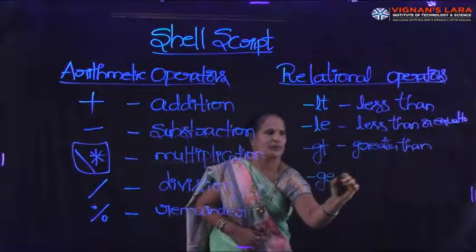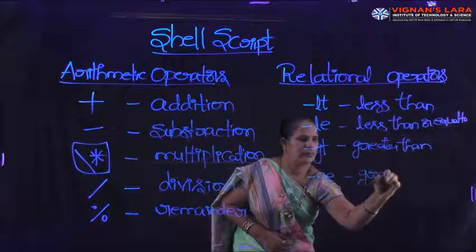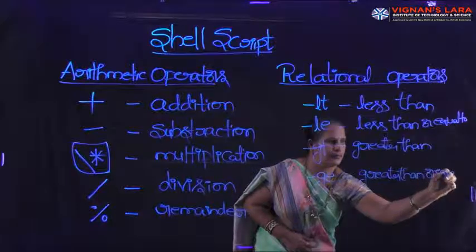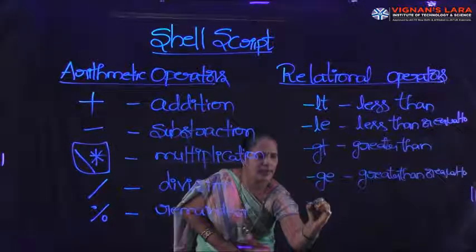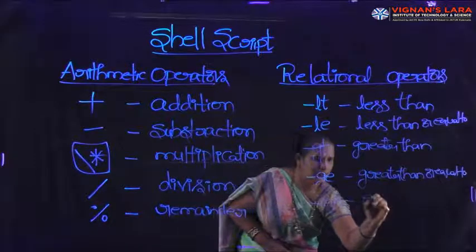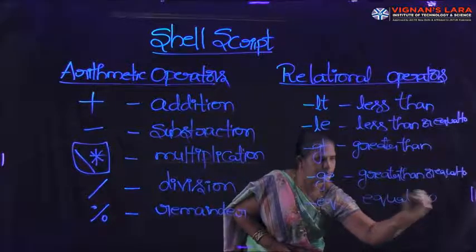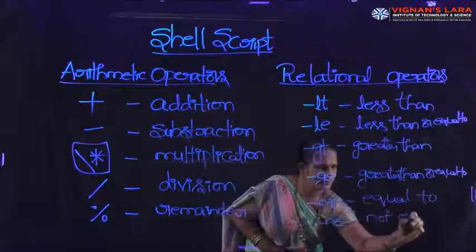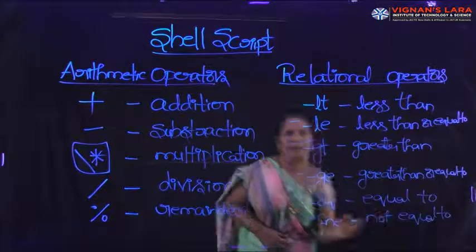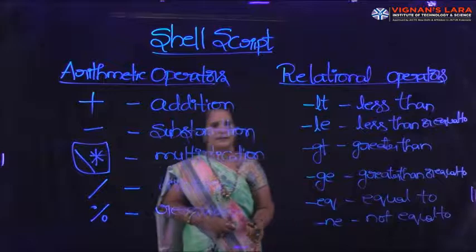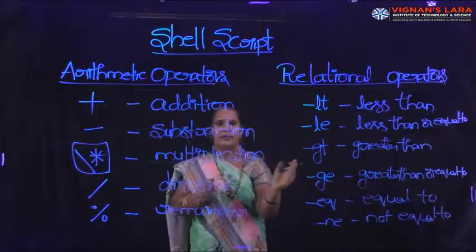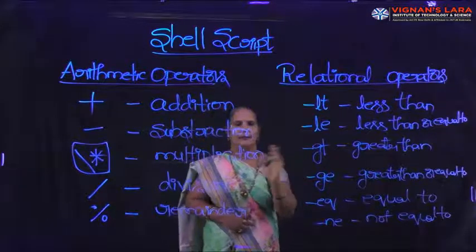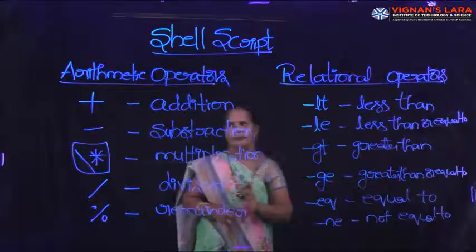Hyphen GE is greater than or equals to. Hyphen EQ denotes equal to. NE stands for not equals to. All these are the relational operators that are used to compare the values in two variables.